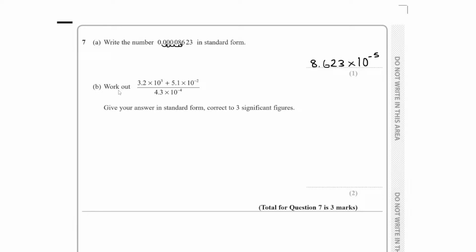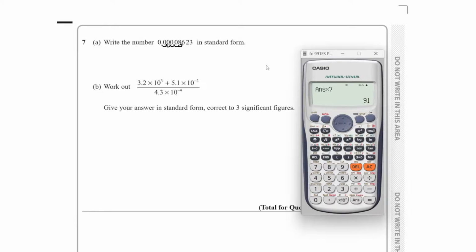So just count it. This one, obviously, we're going to work out by putting it in the calculator. So 3.2 times 10 cubed, add 5.1 times 10 to the minus 2, over 4.3 times 10 to the minus 4.